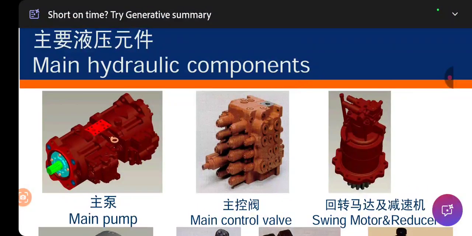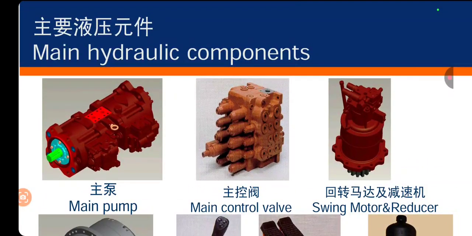And then the main control valve, in this case we have the main control valve of an excavator. The main pump will send the oil towards the main control valve. Okay, and the main control valve also has oil from the charging pump, or you can say auxiliary pump, that is for the operation of the spool.